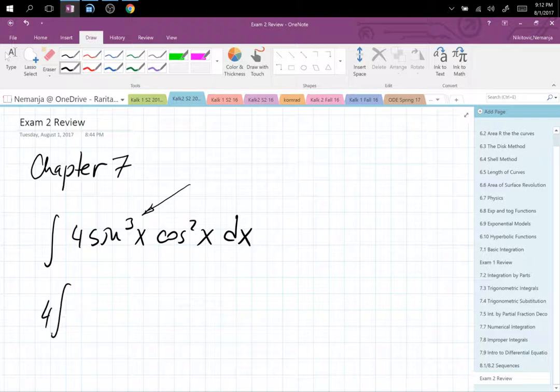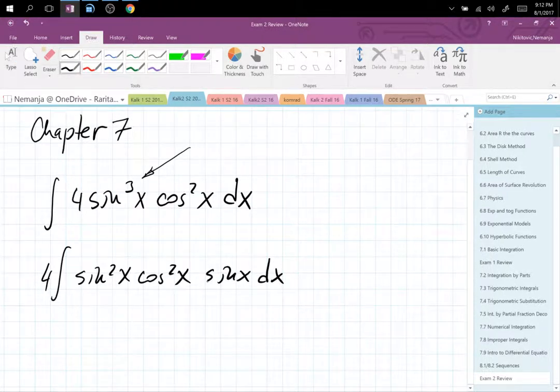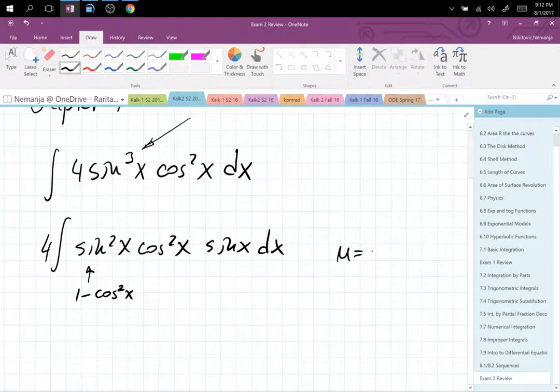So this is kick out 4 sine squared x cosine squared x and then sine x dx. We need to transform this into 1 minus cosine squared x, because we are going to use u equals cosine x, and du is negative sine x dx.